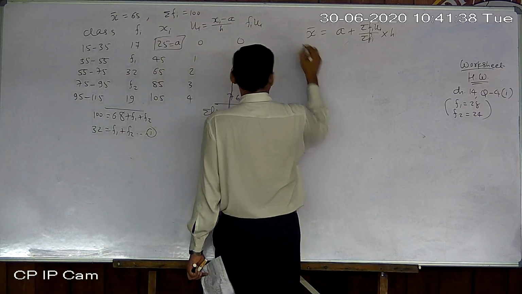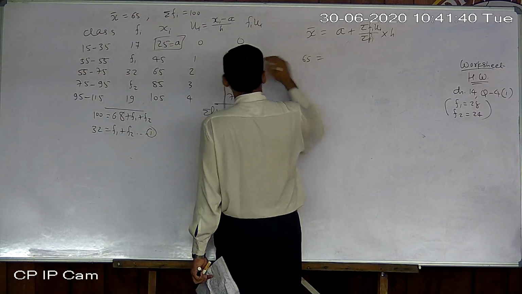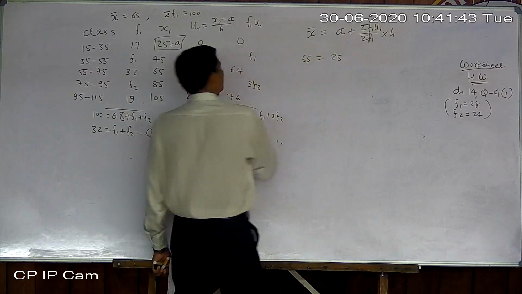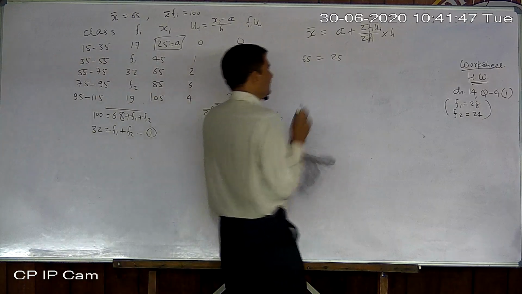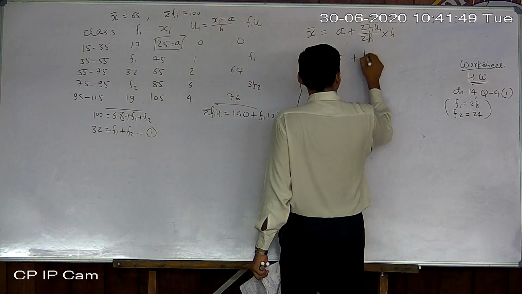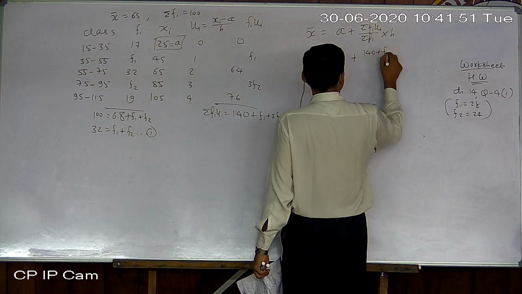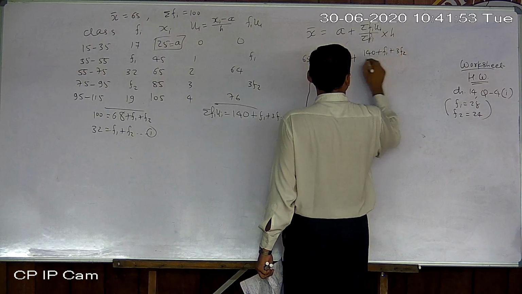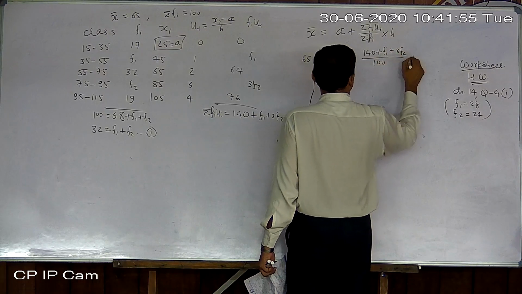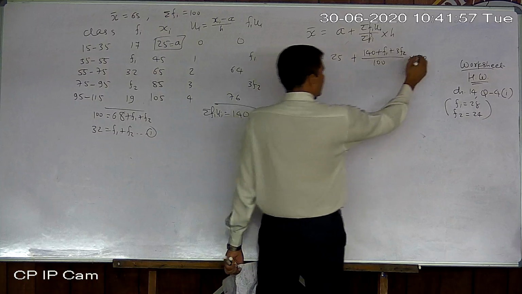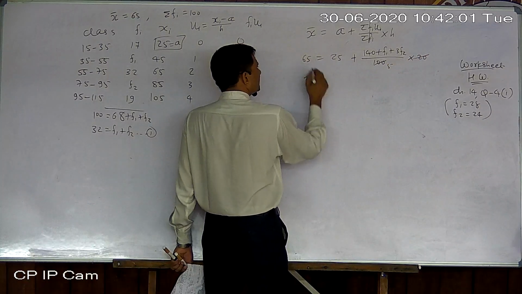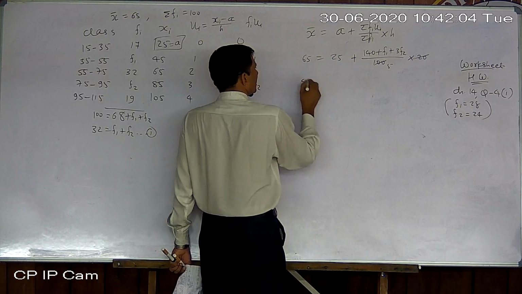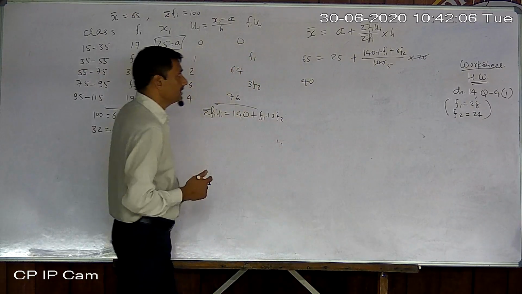So x bar is already given, 65. Our a now becomes 25, not 45, because we shifted it. Now sigma f_i u_i is 140 plus f1 plus 3f2. Now 100 into 20. Just like earlier, 25, and here becomes 40. Okay, 65 minus 25.